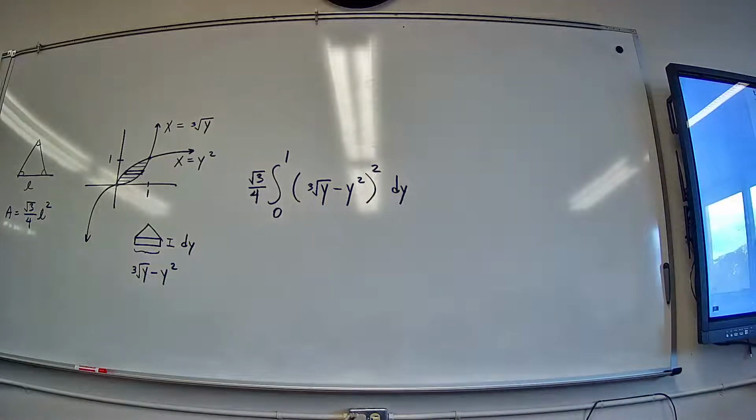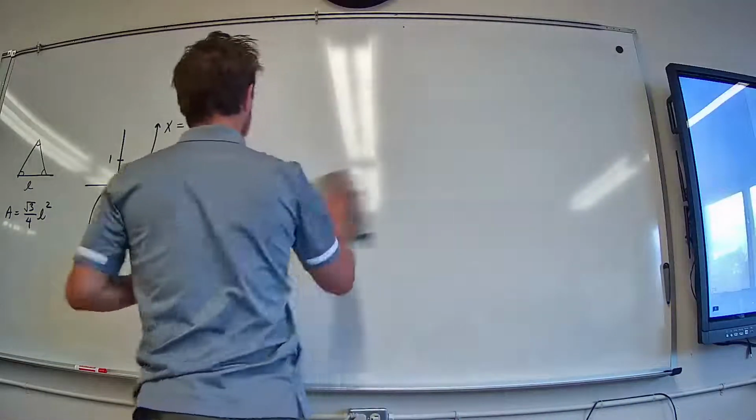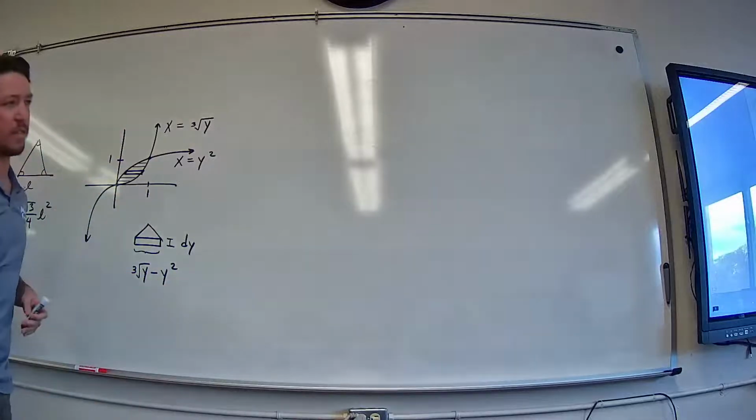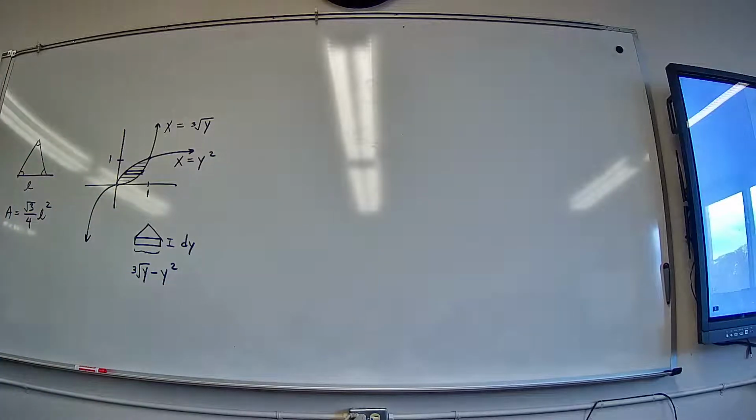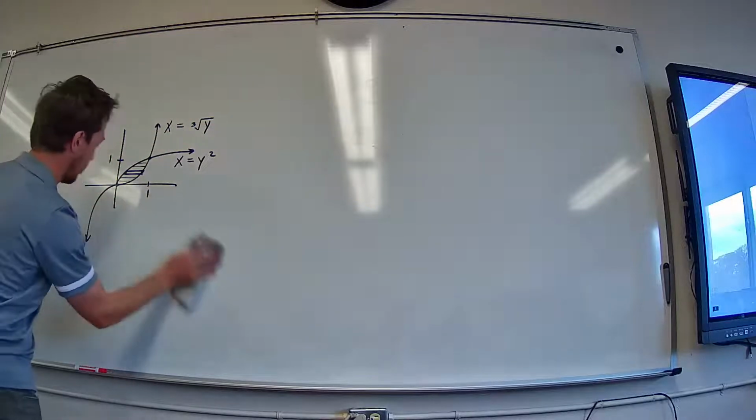Okay. Number 3. Very similar question to that one. This time, it's the same thing. There's a known base, and the cross sections are semicircles. So you're going to draw the picture.